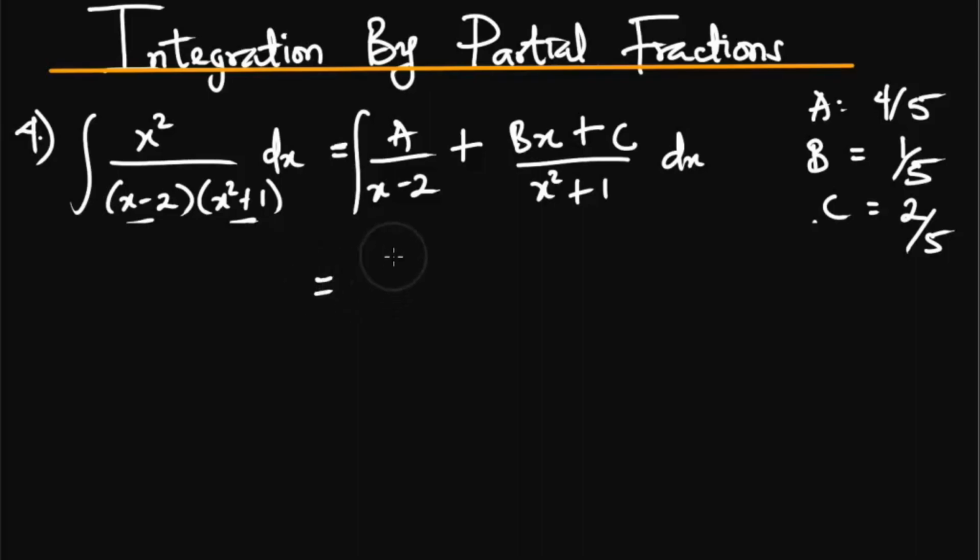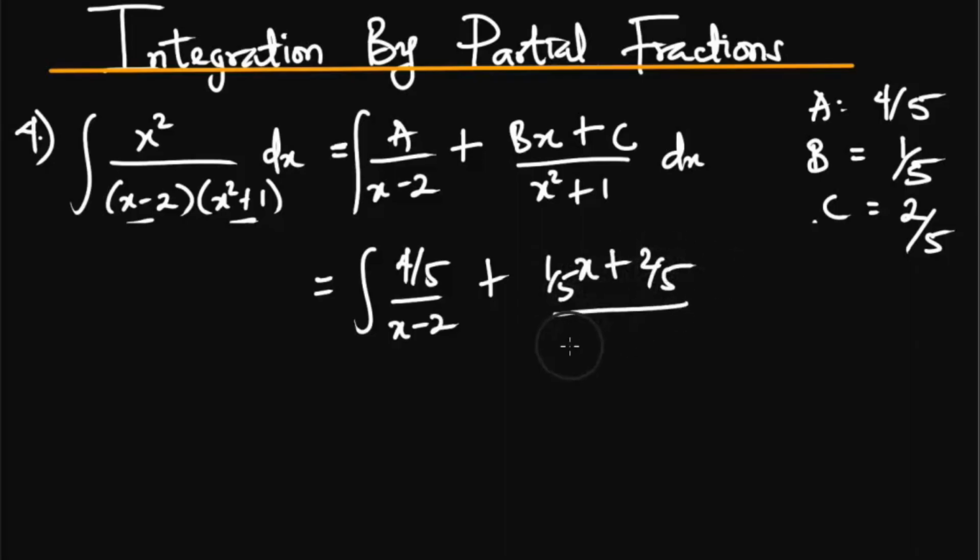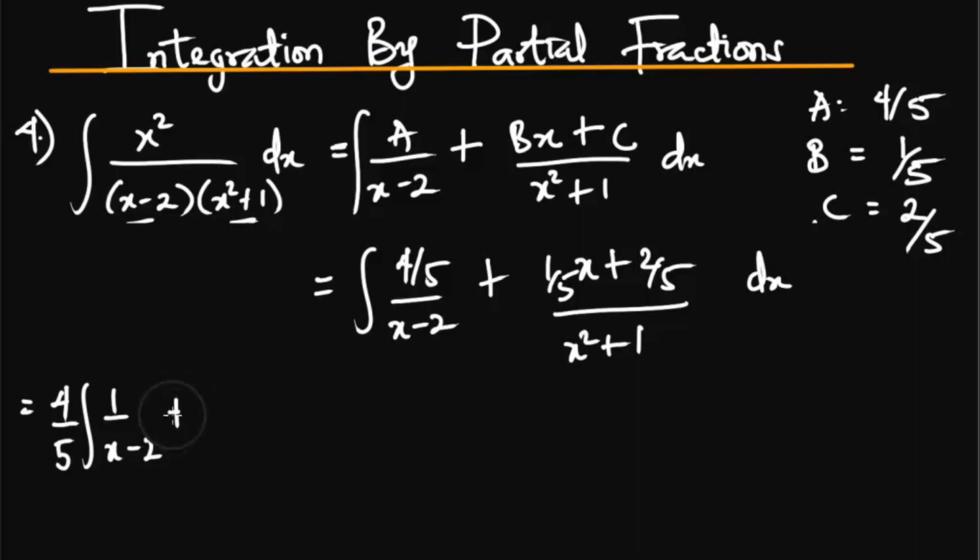So now we can say our answer is equal to the integral of 4 over 5 over x minus 2 plus 1 over 5x plus 2 over 5 divided by x squared plus 1, dx. So let's simplify this. This is going to become 4 over 5 integral 1 over x minus 2, plus, I'm going to split the integrals now. I'm also going to split this fraction.